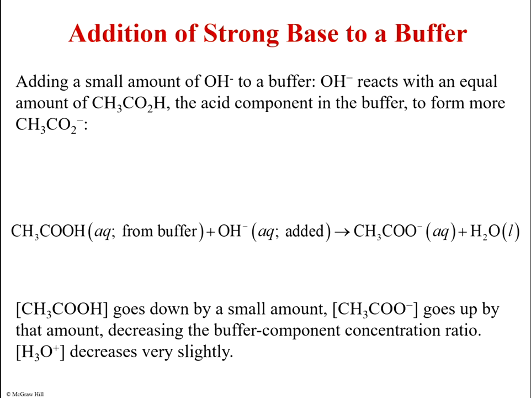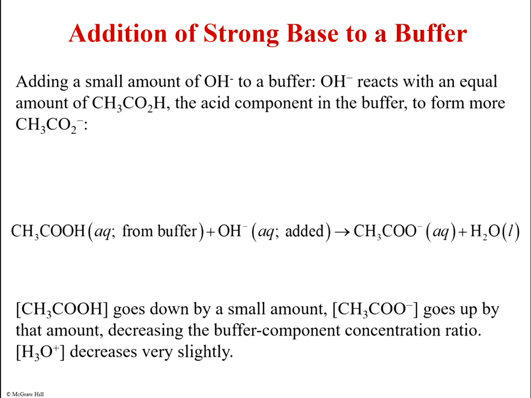On the other hand, we can add a strong base to a buffer. If we add a small amount of strong base to a buffer, the strong base will react with an equal amount of the acetic acid, the acid component of our buffer, and it will form a little bit more acetate. Therefore, the acetic acid concentration will go down by a small amount, the acetate will go up by a corresponding amount, and that'll decrease the buffer component concentration ratio.